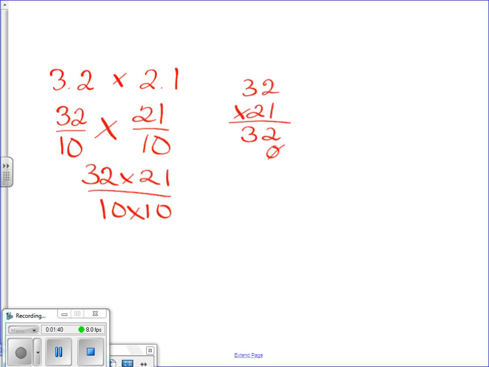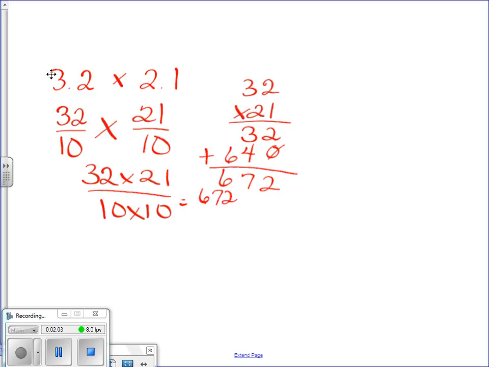Oh, that's why we add that extra 0 on the second row, because it's by a 10. 2 times 2, 4. 2 times 3, 6. Add them. That's 2. That's 7. That's 6. So on my top, it's 672.